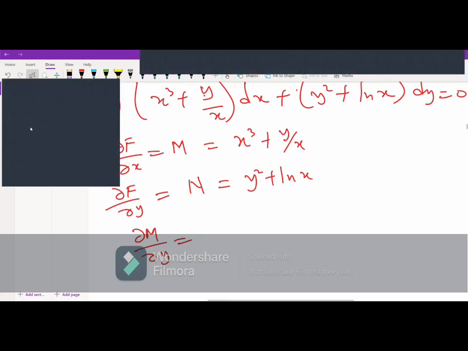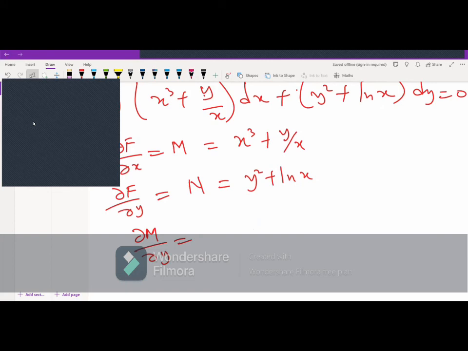You want to try? Edward, do you want to try? 1 over x, sir. It's 1 over x. You don't need anything. It's just 1 over x, because you only need to differentiate y. And when you differentiate y, you know y is what? 1.